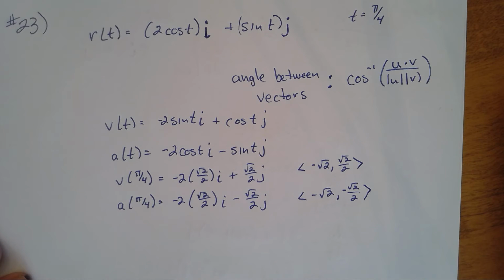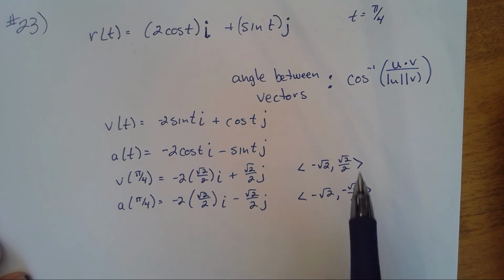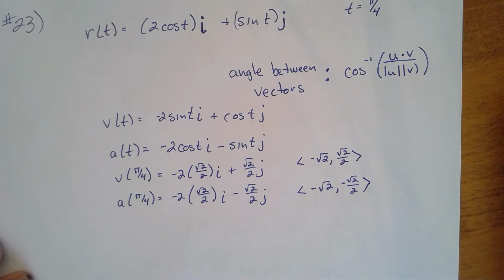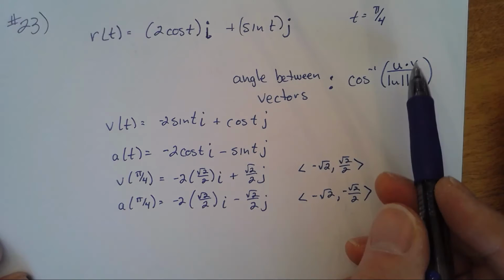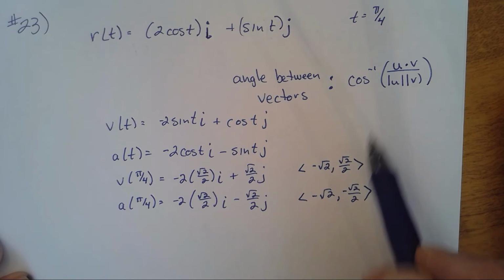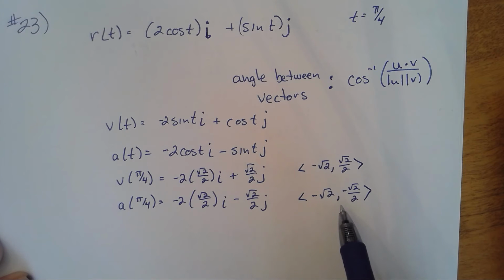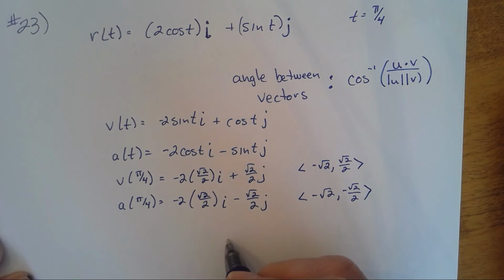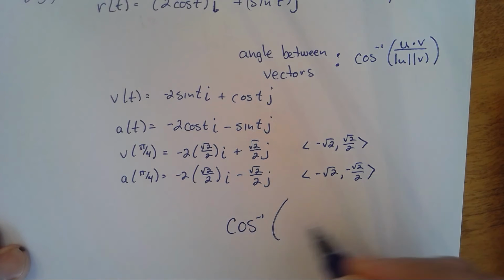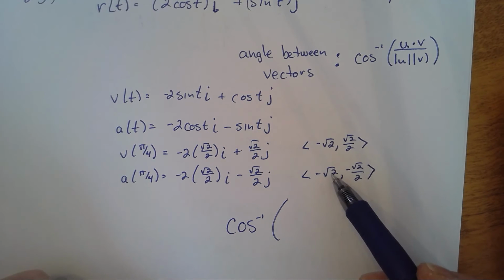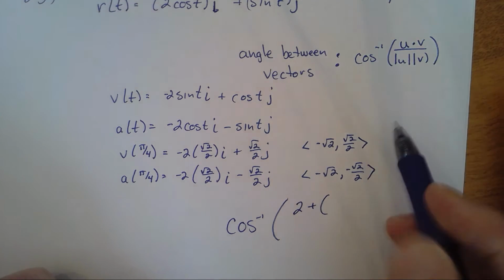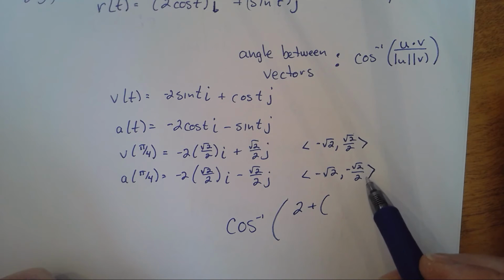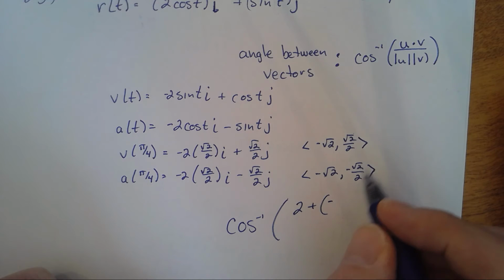Alright, so we want to know the angle between them. We could plot those and geometrically find it, probably use law of cosines, law of sines, that sort of thing, but we'll just use the inverse cosine of u dot v. So the dot product of this velocity and acceleration would be this times that, which is 2, plus this times this, which is 2 over 4 negative, so -1/2.